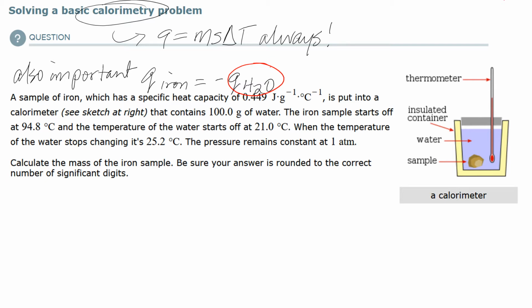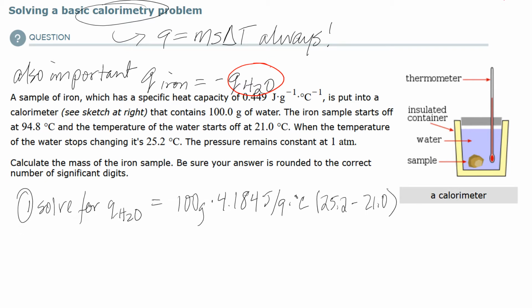So our first calculation is going to be to solve for the Q of water. We have 100 grams of water times 4.184 joules per gram degree centigrade times the temperature final, which is 25.2, minus the temperature initial, 21.0 degrees centigrade.